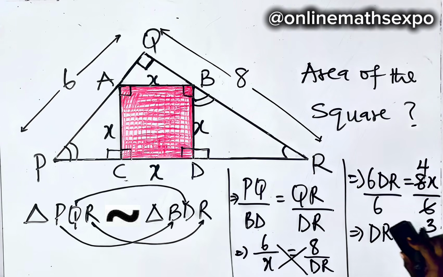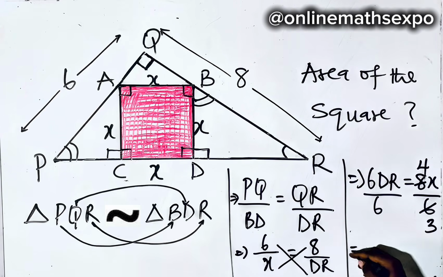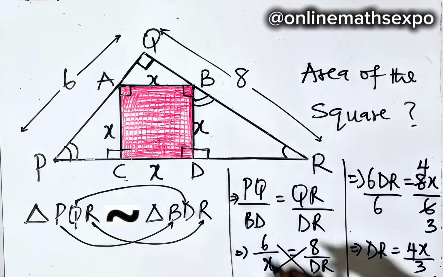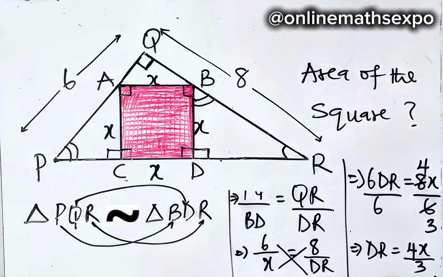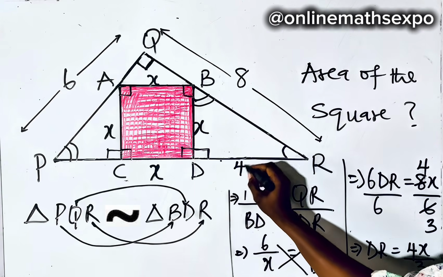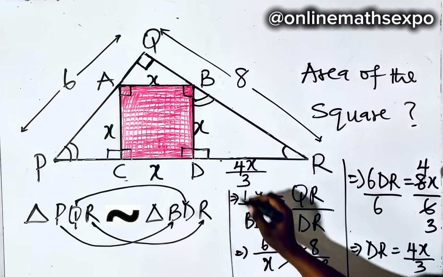So length DR is equal to 4X divided by 3. Going to the diagram, length DR is 4X divided by 3, so this whole length is 4X divided by 3.